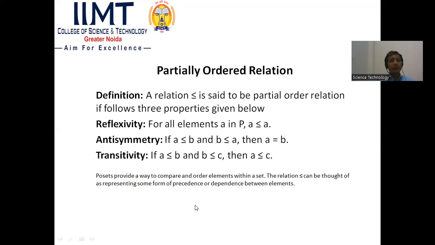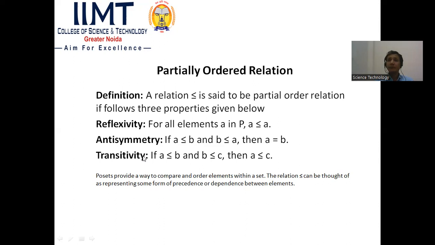So, partial order relation, this is the definition part. We are defining a partial order relation: a relation which is denoted by less than or equal to is said to be a partial order relation if the following three properties, reflexivity, antisymmetry, and transitivity, are fulfilled.